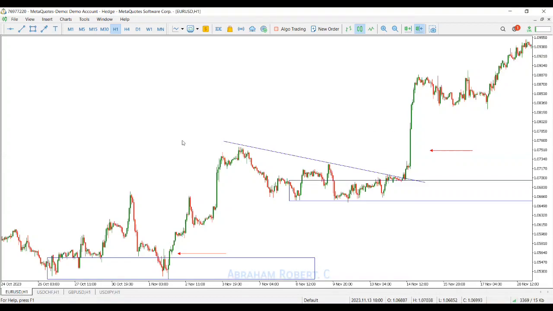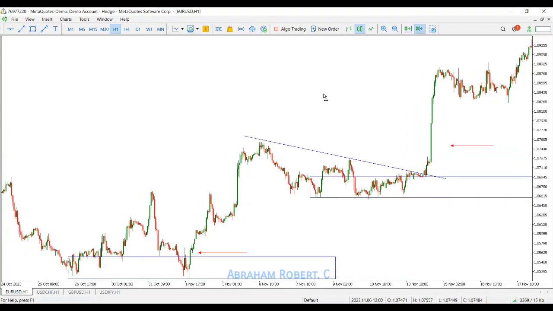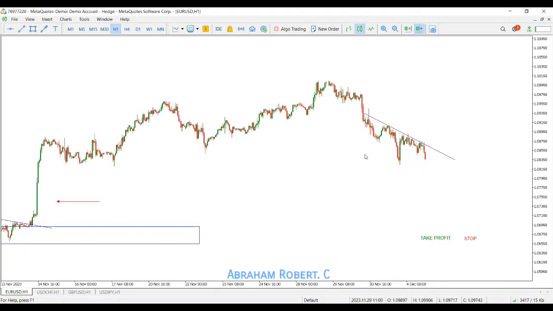Now let's check on another one. Let's check what is happening here. There's a big body candle here. As you can see, it's forming. But I will not consider this because there's a resistance on top, a vertical resistance on top. So I will not consider this. I can only consider this if the market breaks this resistance and retests it.